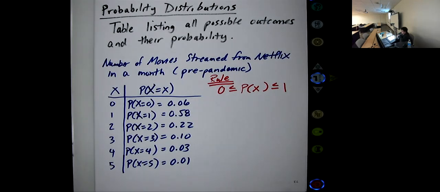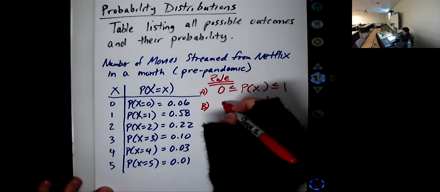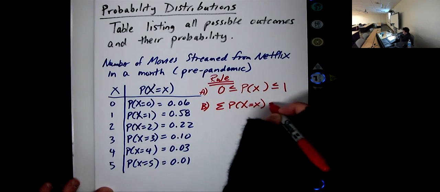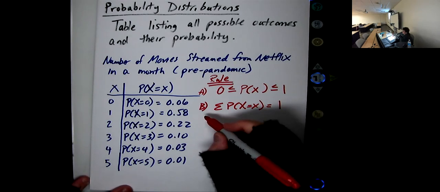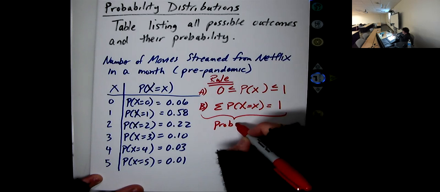So all probabilities have to be at least 0 and at most 1. And if I call that rule A, rule B is that if I add up all the probabilities, it has to add up to 1. These are the 2 requirements for a probability distribution model.